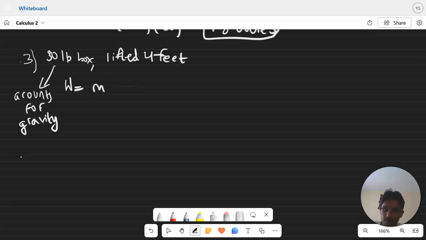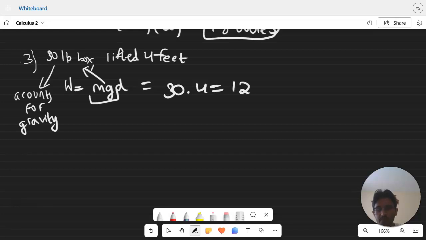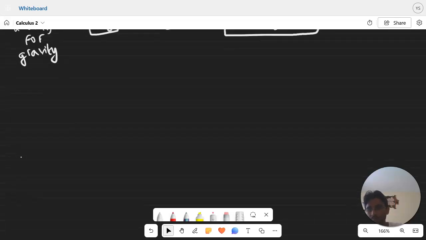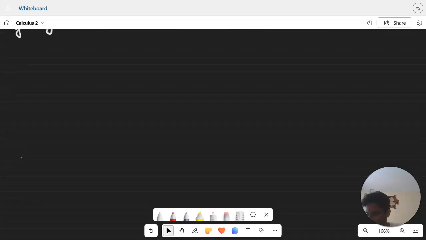Why? Remember the formula was mgd, but now the lbs represents mg. So we could just plug in 30 times 4, and that's going to give us 120 feet per lb. And this is going to be our work. Okay, moving on.